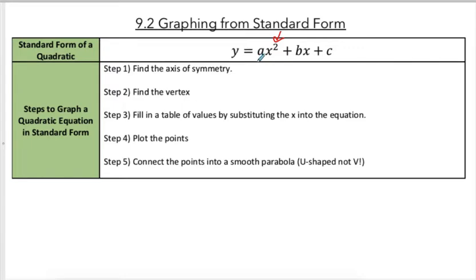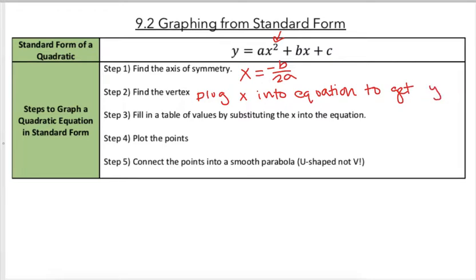Remember from last time, we had x equals the opposite of b over 2a. So it's important that we're in standard form, ax squared plus bx plus c, to correctly identify the parts here. Then find the vertex. So plug x into the equation to get y.